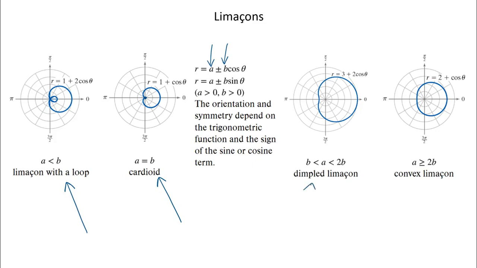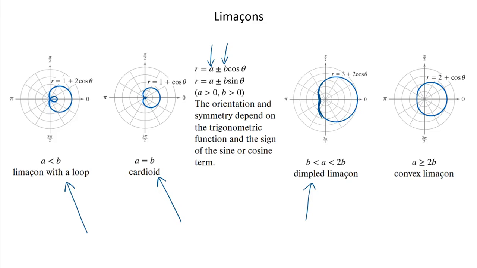The next situation we might run into is when we have a dimpled limaçon. You notice here that the graph is no longer meeting at a sharp point at the pole like our other two. Now it just kind of dimples in and keeps going. It just creates a little dimple there.